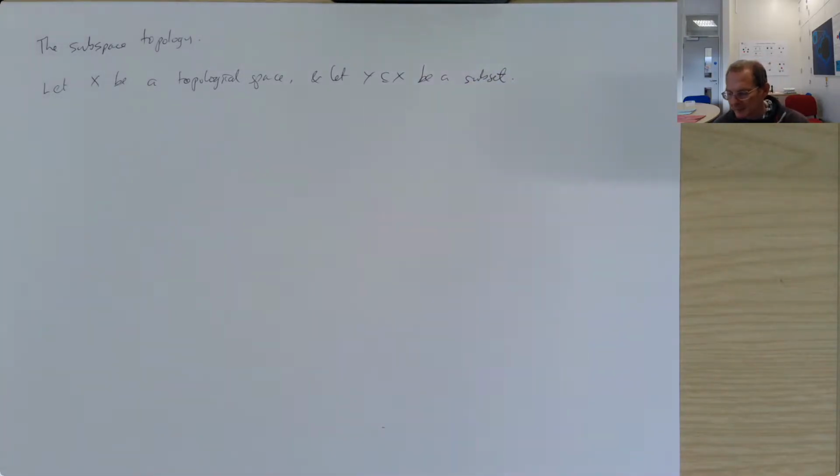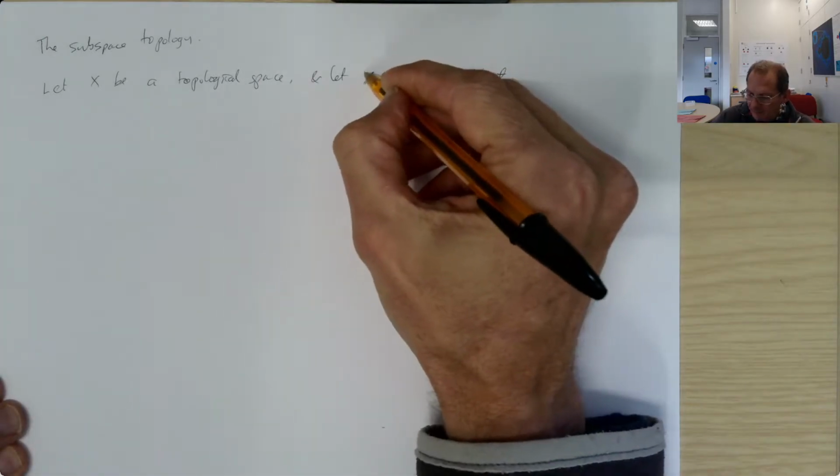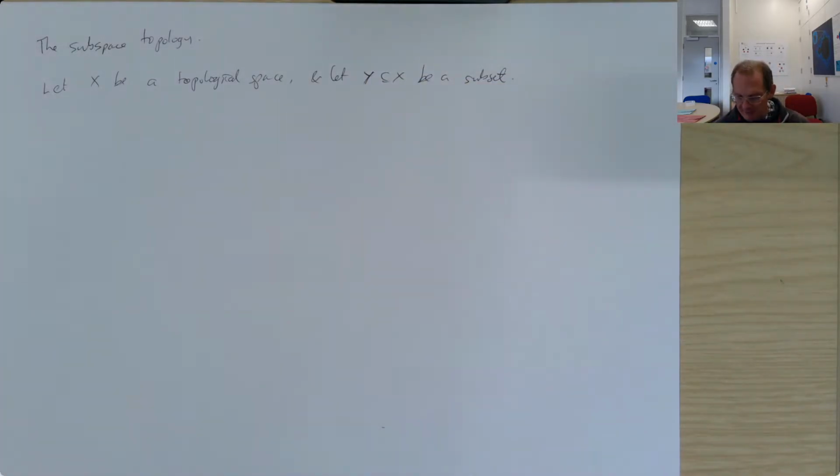Okay, so we need to define a topology on Y, and if you recall, what's the definition of a topology? A topology is a collection of subsets of your set.